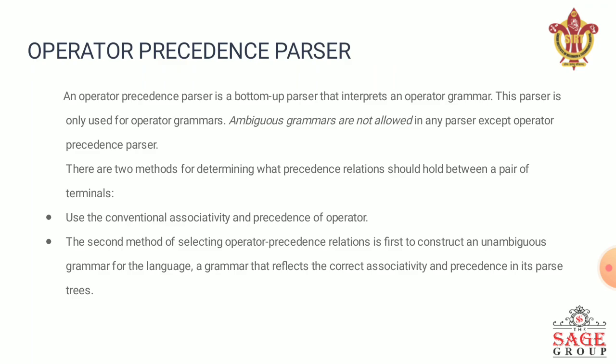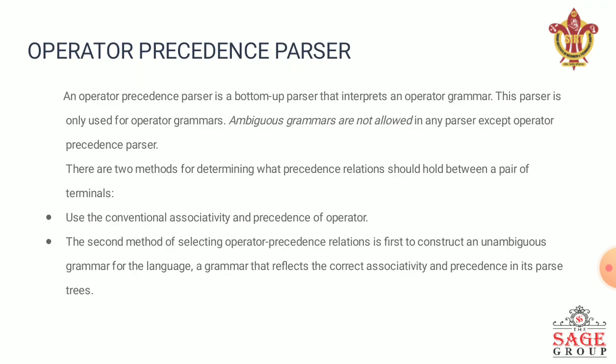Operator precedence parser is a bottom-up parser that interprets an operator grammar. Means operator precedence parser is only designed for operator grammar, or operator precedence grammar. The grammar for which we design the operator precedence parser must compulsorily be an operator precedence grammar.